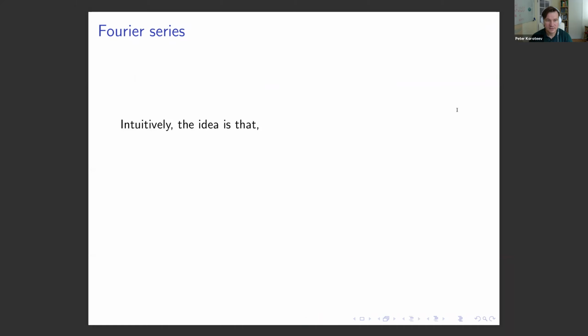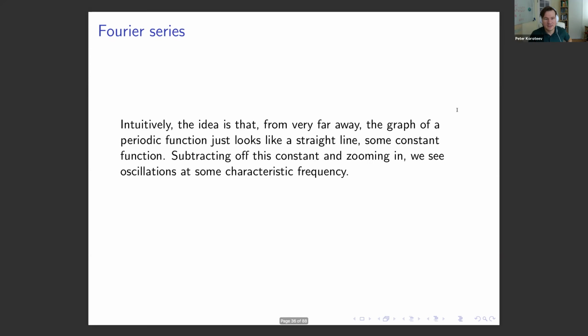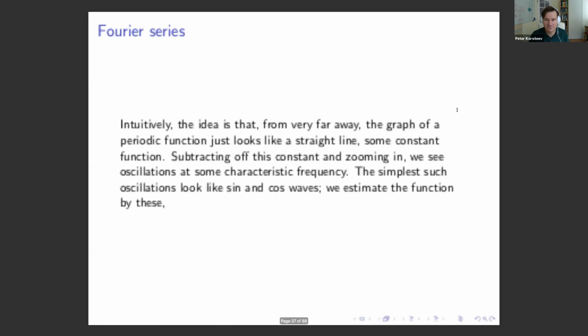Intuitively, the idea of the Fourier series is that from very far away, the graph of a periodic function just looks like a straight line, some constant function, if you zoom out very far and make it really small and tiny. Then subtracting off this constant and zooming in, we see oscillations with some characteristic frequency.